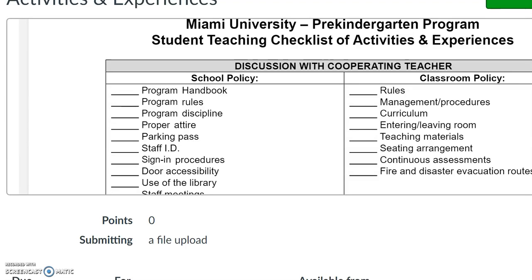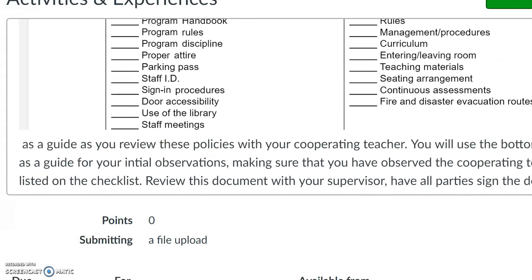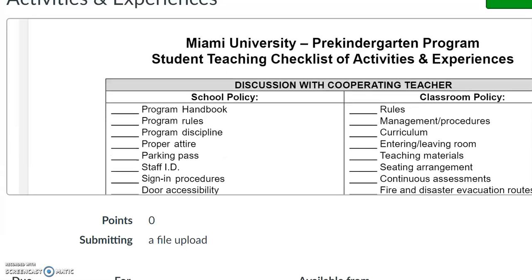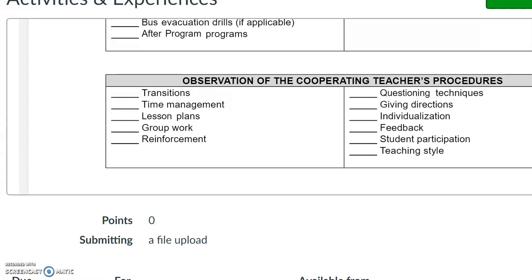So there are going to be school policies and classroom policies, and again, ideally you're going to be discussing these with both the cooperating teacher and your supervisor, but it's important that you know what some of the policies are where you're going to be throughout your student teaching observations and experiences. If I scroll down here, some of these pertain to specific types of things you'll be seeing in your placement.